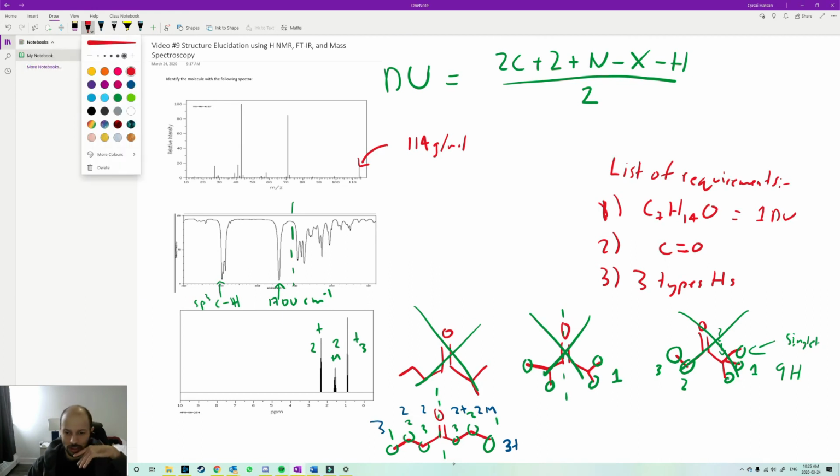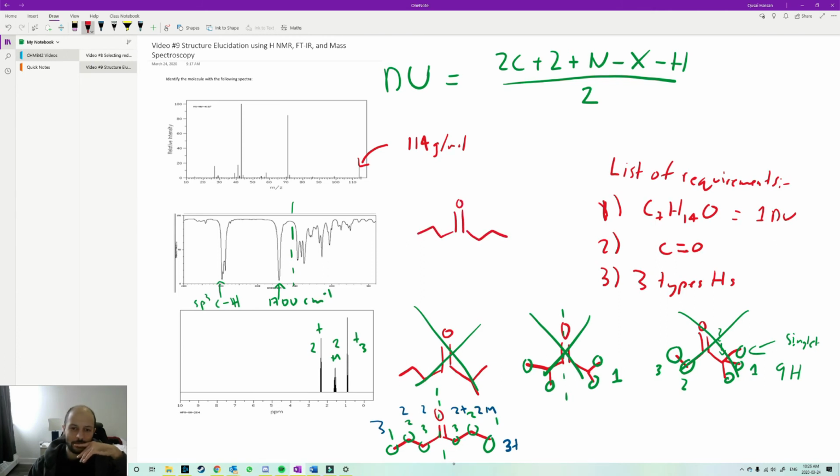So I'm going to draw this out again. Now what I like to do is, there's nothing left for me to get from the mass spec. I got all of the information I can get from the NMR, and it seemed to have confirmed my final product. Now I go back to the IR. The IR shows me a carbonyl.